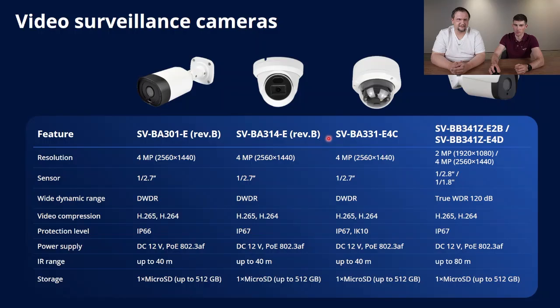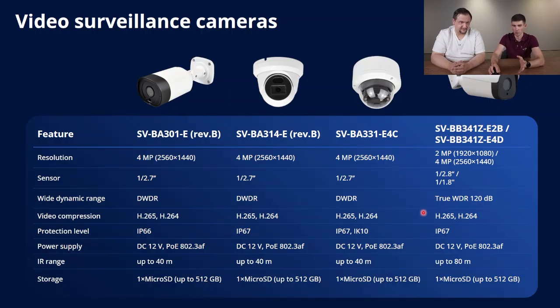The 301 and 314 cameras, and also the newly introduced 331, which is the anti-vandal version, or extremely protected version of the dome camera, have identical optics and an identical image sensor throughout the range.